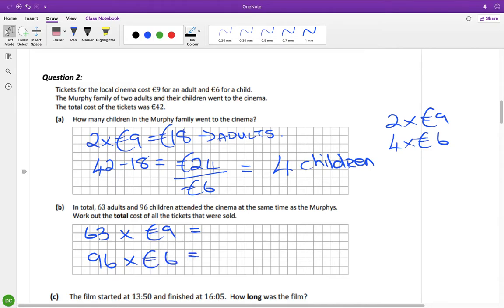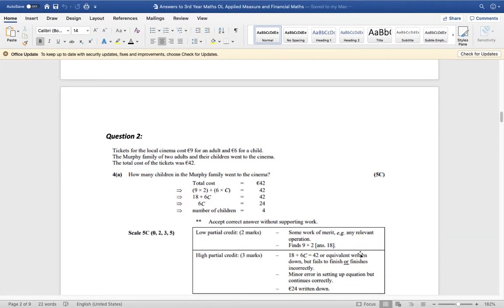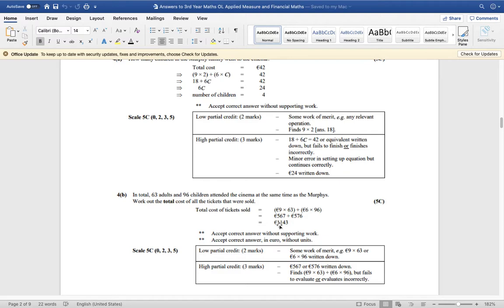So 63 by 9 is €567, and 96 by 6 is €576. 567 plus 576. So I'm getting 1143 as my total for the total costs of the tickets. Yep, there it is there, 1143.